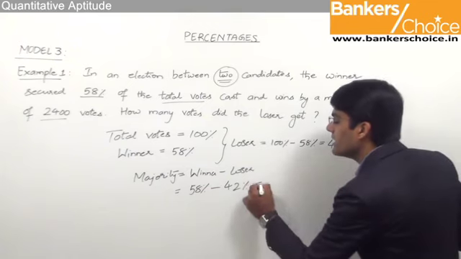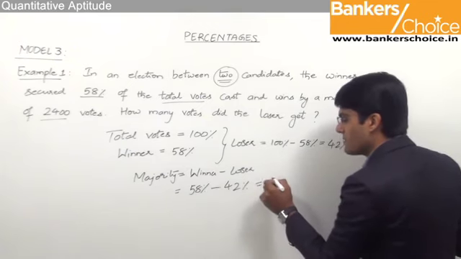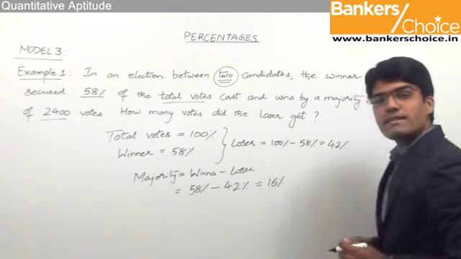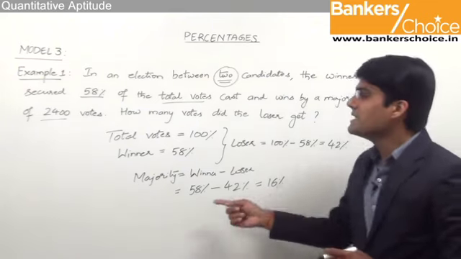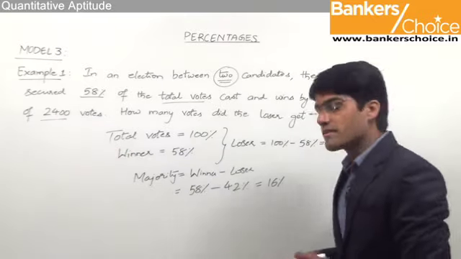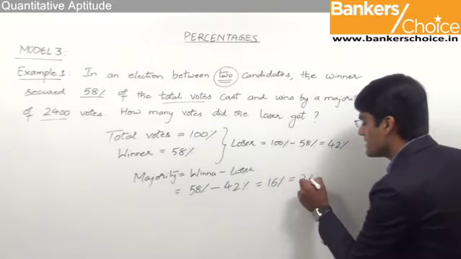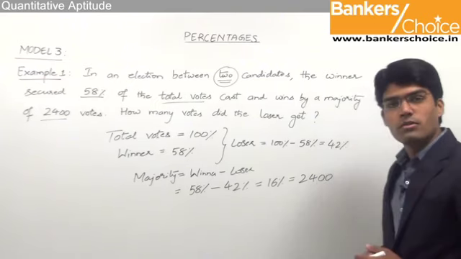So the majority here, 58% minus 42%, is equal to 16%. And as given in the question, this 16% is equivalent to 2,400.